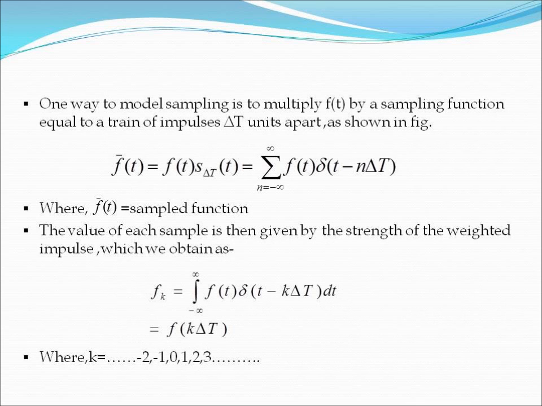The mathematical form of the sampling function is as given. The value of each sample is then given by the strength of the weighted impulse, which we obtain as shown, as f of k delta t, where k is any integer.